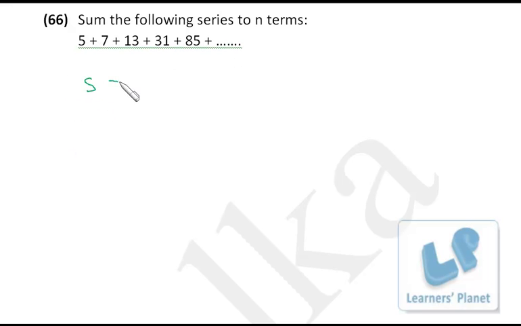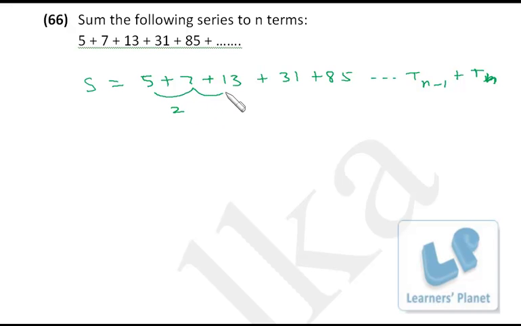I just write S is equal to 5 plus 7 plus 13 plus 31 plus 85 up to t n minus 1 plus the nth term. Now you can see the difference between these two is 2. Here it is 6, 18, 36.